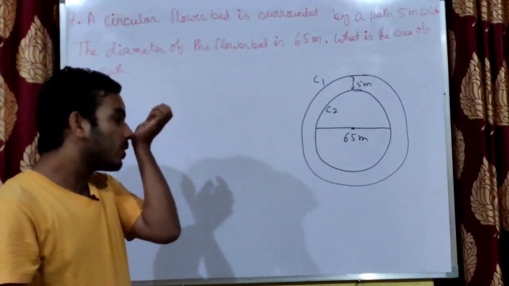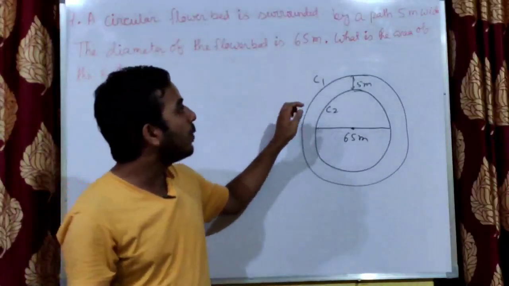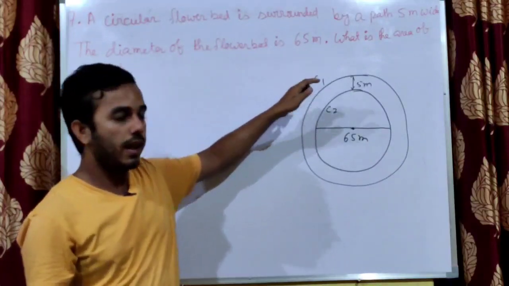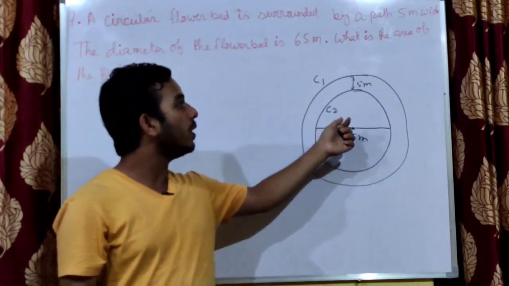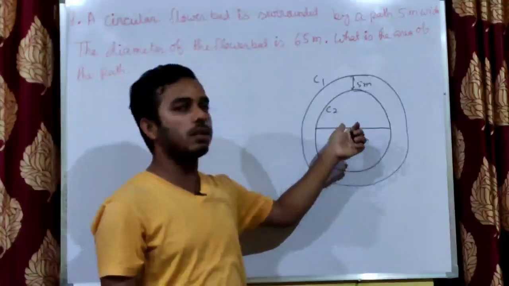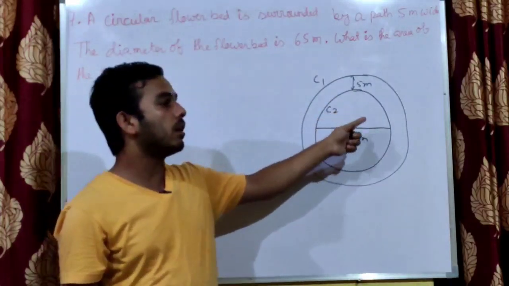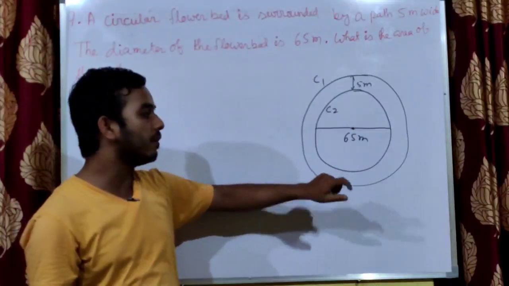Clear? So for finding the area of the path, we have to find the area of circle 1 and the area of circle 2. Now if we subtract the area of circle 2 from circle 1, we will find the area of this path.